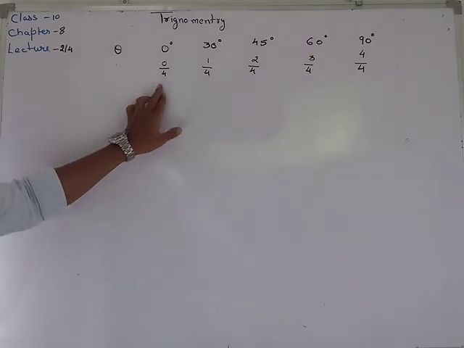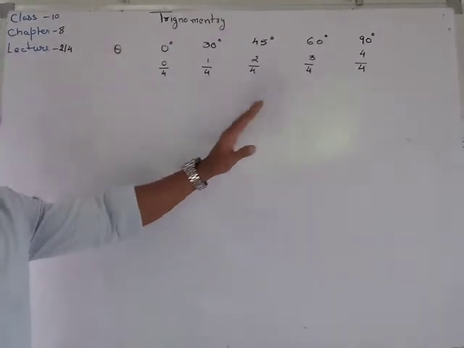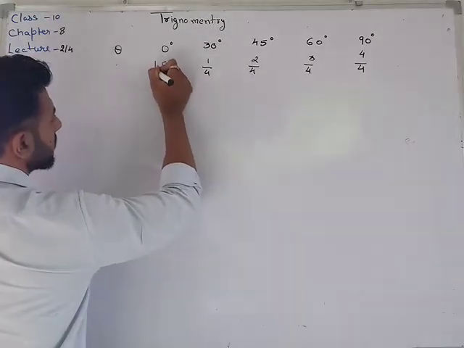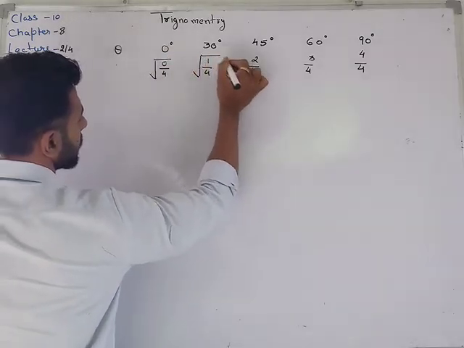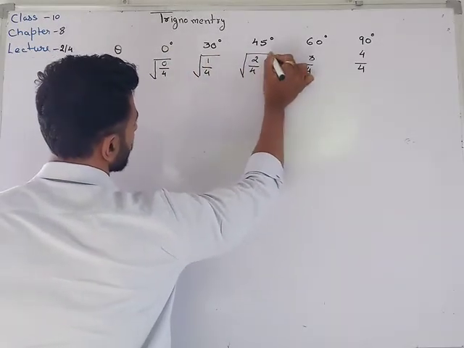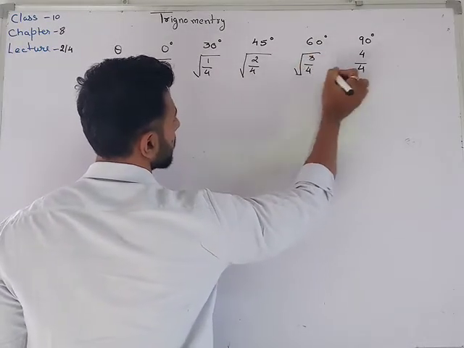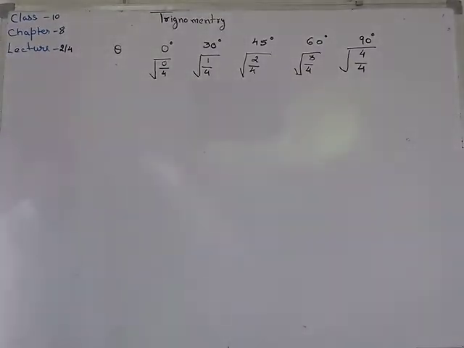Remember that we have to start with 0, 1, 2, 3, 4, and divide these whole numbers by 4. Now taking the under root of this: under root of 1 by 4, under root of 2 by 4, under root of 3 by 4 and under root of 4 by 4.